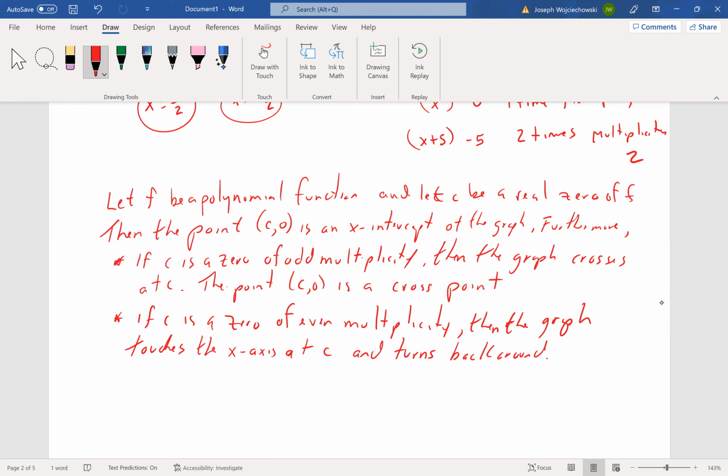So it doesn't cross the x-axis. The point (c, 0) in this case is called a touch point.